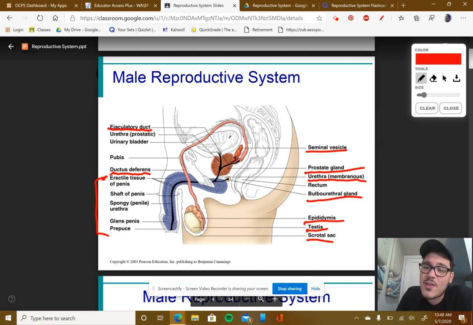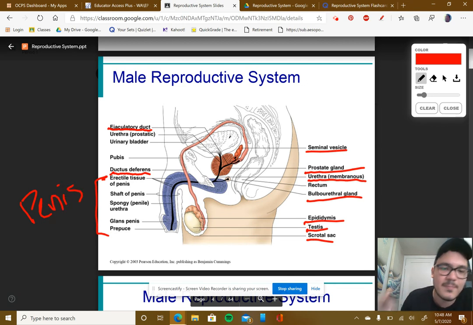There are specific parts of the penis that can be specifically learned, such as the erectile tissue, which is tissue of the penis that actually has blood flow, the shaft, spongy urethra, glans, the prepuce. All this stuff can be specifically discussed. I am perfectly fine with just saying, all right, all of this together, we're just going to refer to that as the penis, the male genitalia. And that's pretty much it.